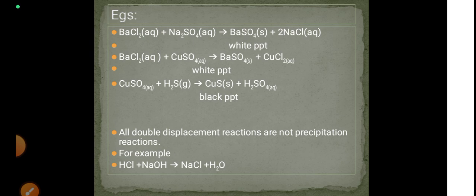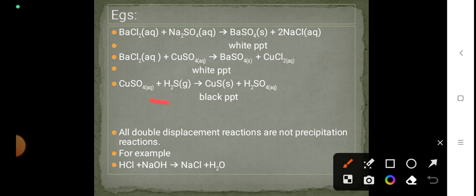For example, we have copper sulfate reacting with hydrogen sulfide. Looking at the precipitate formed, it is a black precipitate, that is copper sulfide, with the formation of sulfuric acid in aqueous medium.